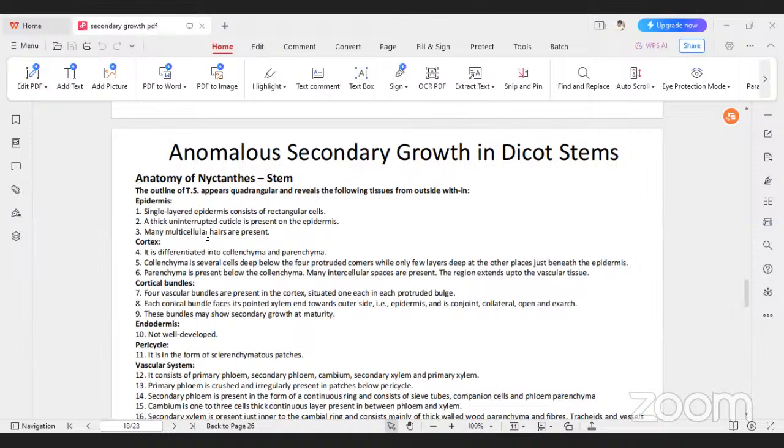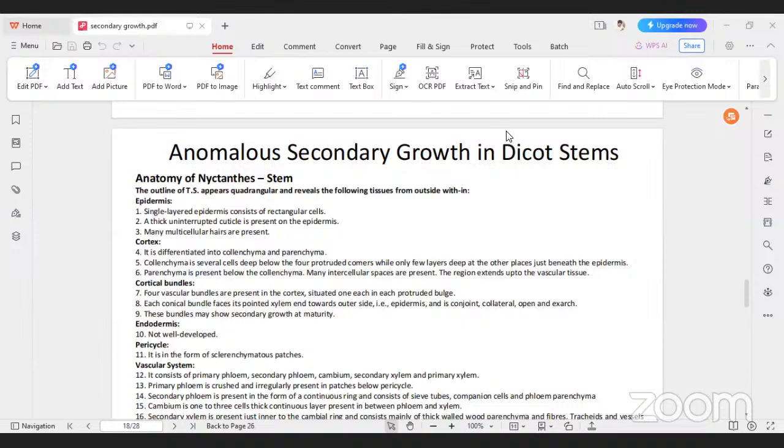Where are the bundles? Inside or outside? In general, I am asking in general. Bundles, vascular bundles.